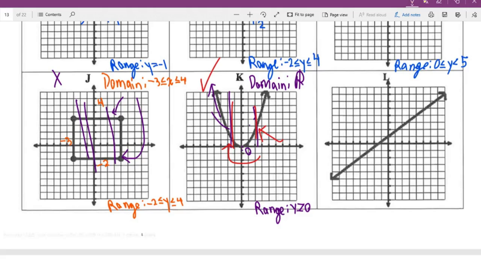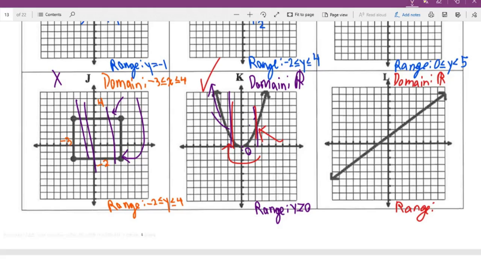Our last example, we're almost there. So for L, our domain, well, we have arrows in both directions. So our graph is going to touch every possible x value. And what does that give us? All real numbers. Now our range, is it any different?